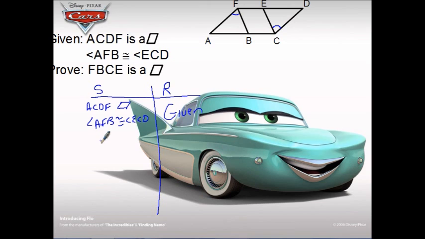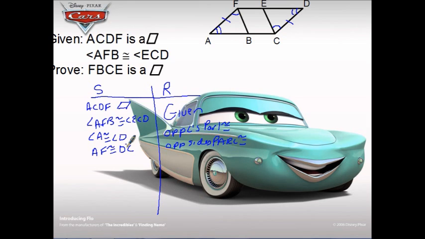Now, the next thing that I would do is I would say that angle A is congruent to angle D. Opposite angles of a parallelogram are congruent. Next, I would say that AF is congruent to DC. Opposite sides of a parallelogram are congruent.